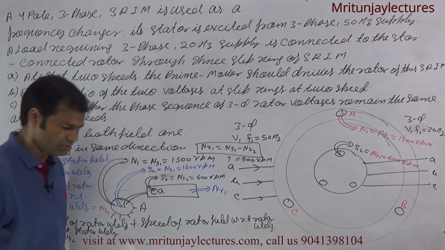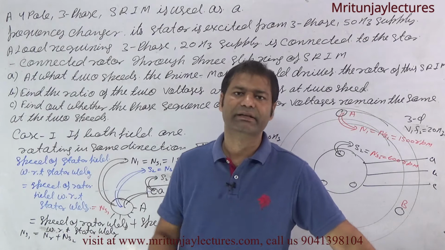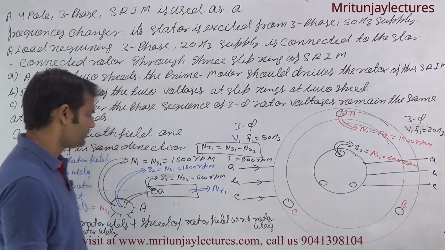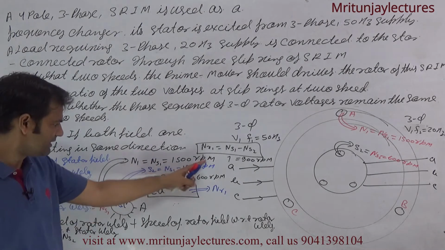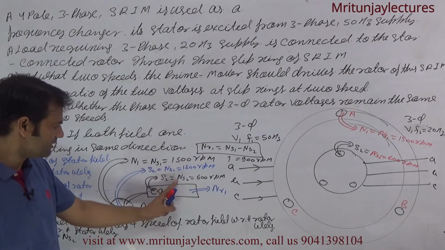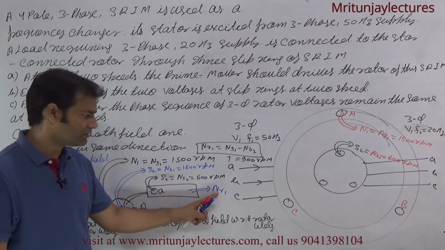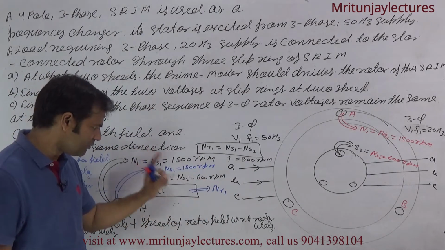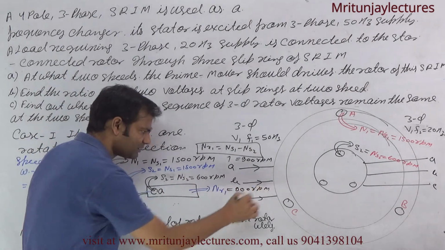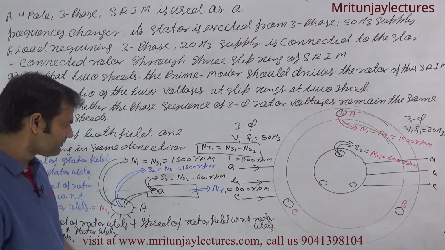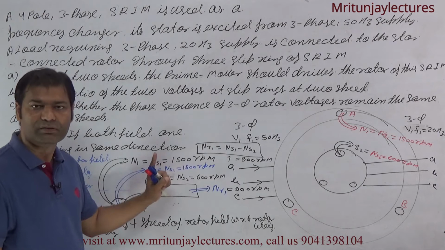Two methods are possible here, from basic concept or the hit and trial method. With the help of the hit and trial method, assume this one is a helicopter, and this boy is running at 600 RPM. What about NR1? NR1 is 900 RPM if moving in the direction of the helicopter, then this speed plus this speed equals 1500, only then possible.